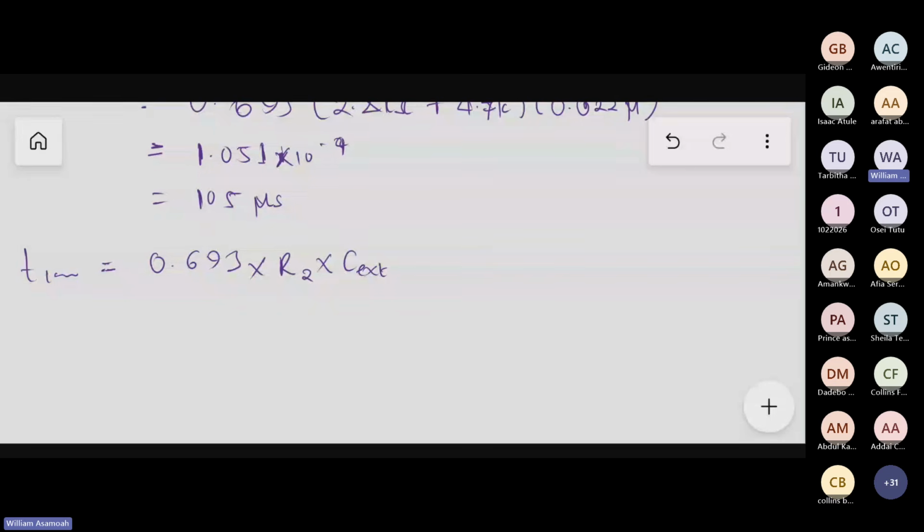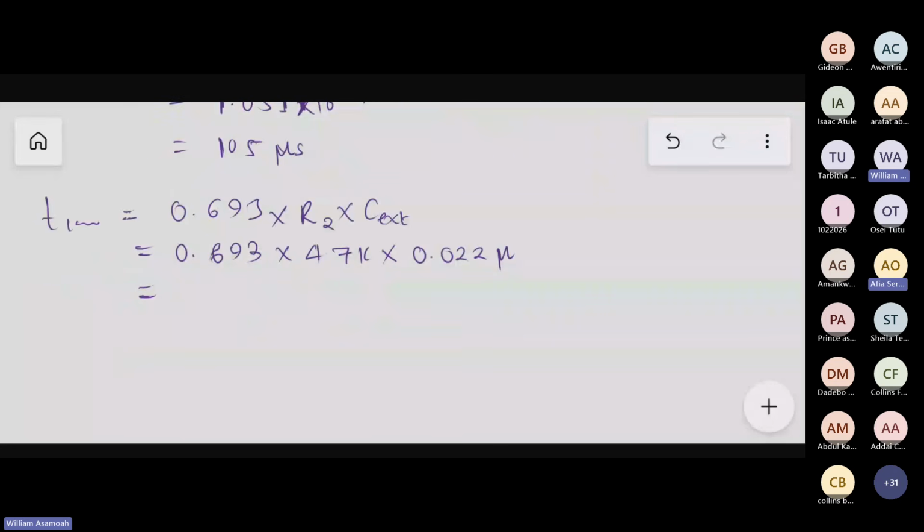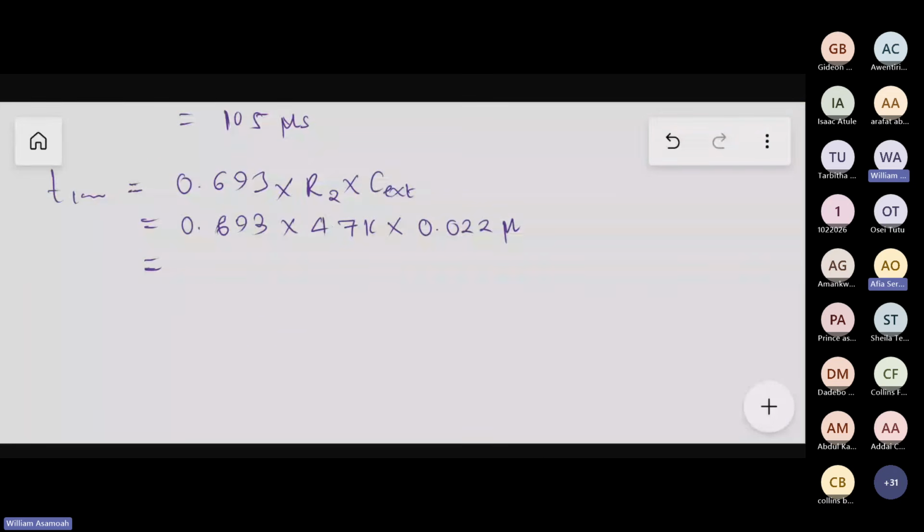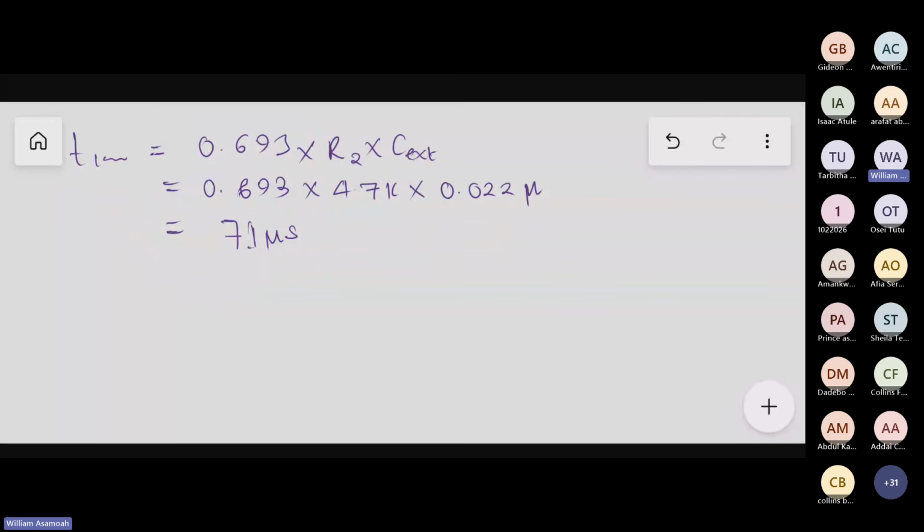Right, so you plug them in, then we have 0.693 times R2, which is 4.7K, times 0.022 micro. And what do we have? Yes, 71.65 microseconds. Okay.